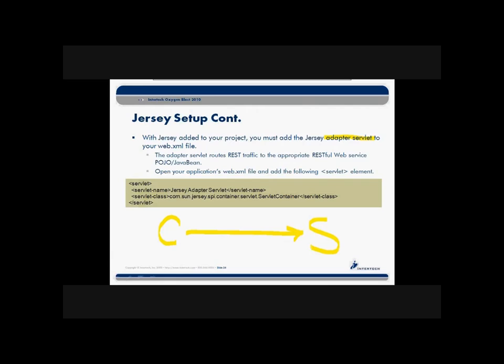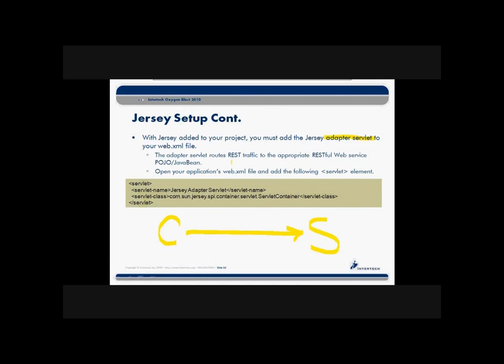How does the Jersey environment intercept those requests and get those routed to the appropriate POJO, which will be one of those resource request providers that we'll talk about? Well, to do that, we need to essentially tell our server environment that this traffic is coming, and we need something in place that intercepts that traffic and routes it appropriately to our plain old Java objects, our Java beans. That's done via a servlet in the Jersey world.